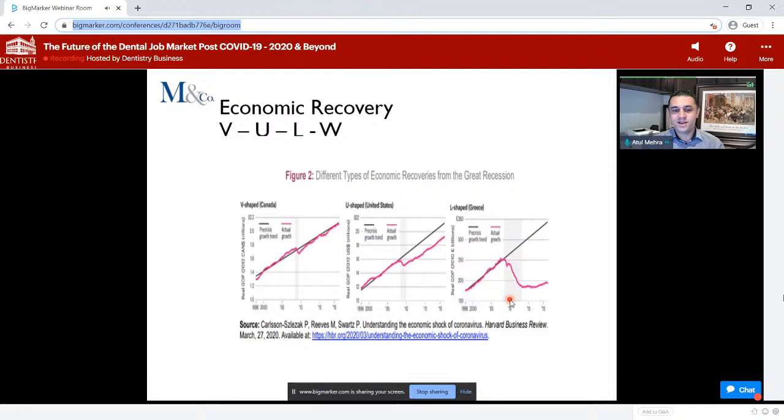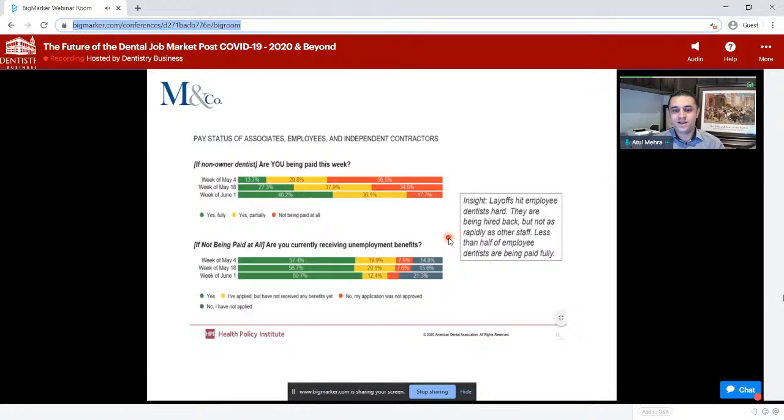We're clearly going to have some sort of rebound quickly, and it may look like a V-shaped recovery initially, but depending on the second wave of the virus, the epidemiology, and the vaccine and therapies associated with COVID-19, we may end up with a little bit more volatility in the economic outlook. So that's something to monitor as well in your job search.